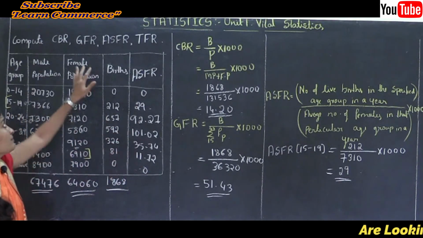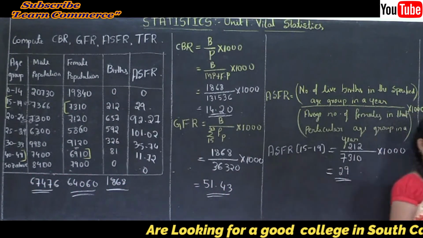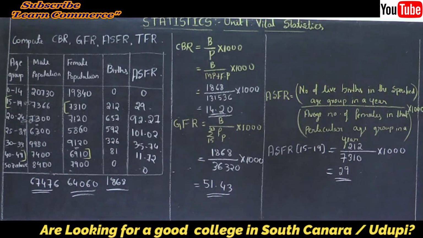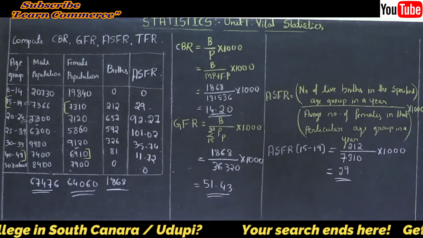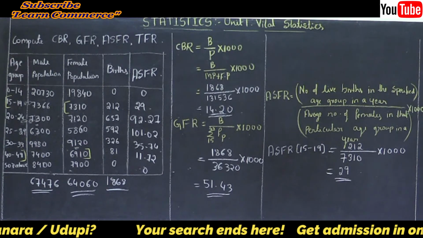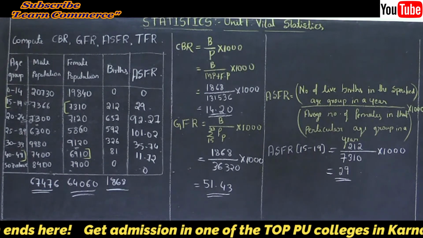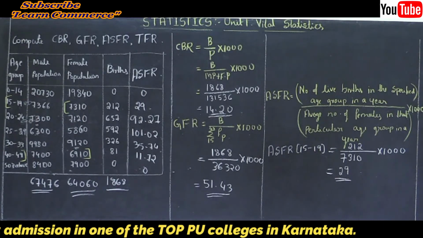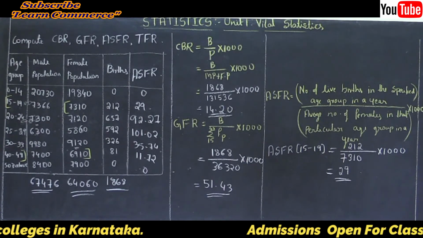Next, based on our question, we need to calculate total fertility rate, that is TFR. The TFR formula is 5 into the summation of quinquennial age specific fertility rates.